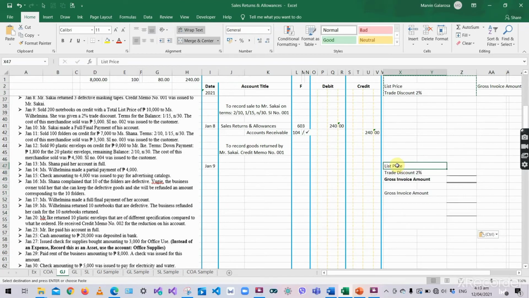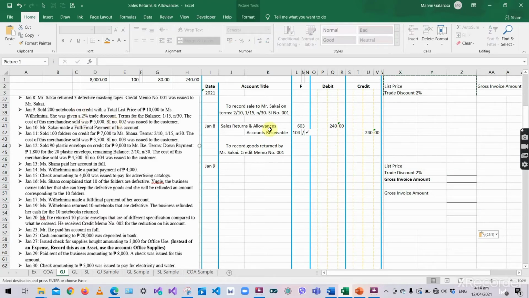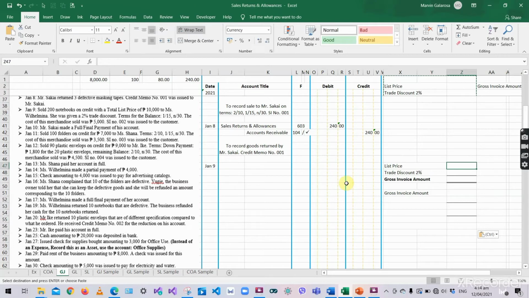So, merong ginrun sa kanya na trade discount. January 9, list price was 10,000. Trade discount was 2%. Trade discount na 2%, so 10,000 times 2%, we get 200.